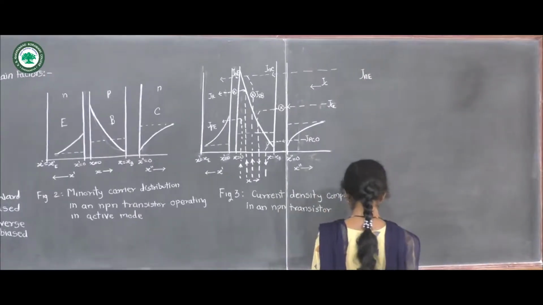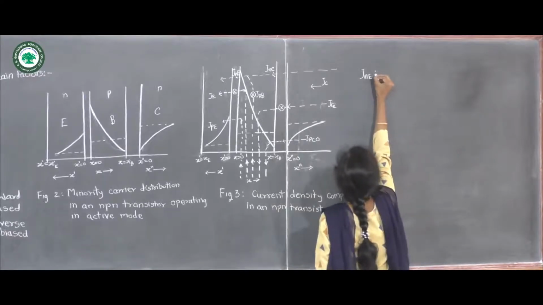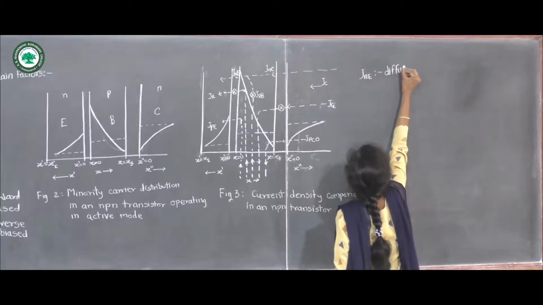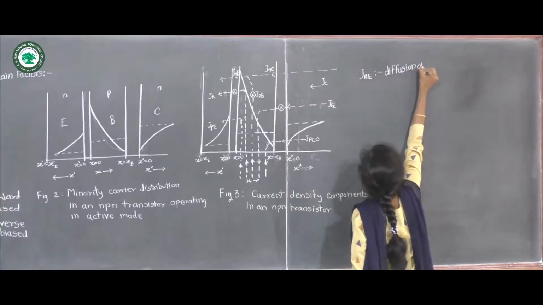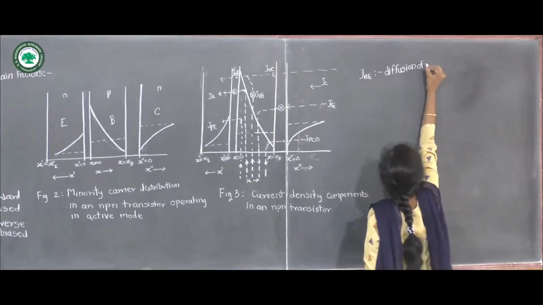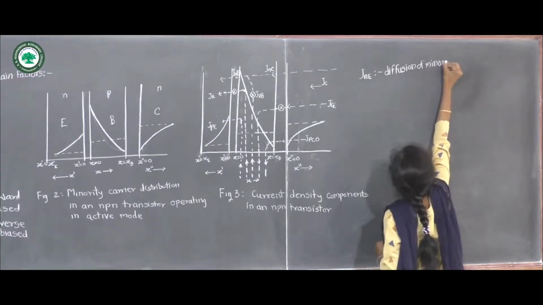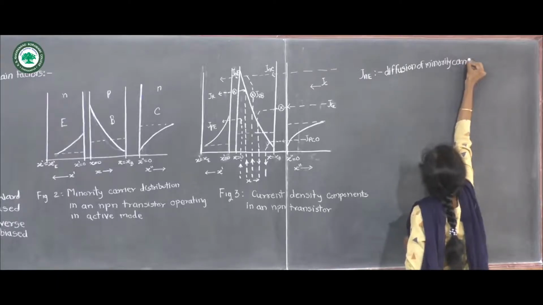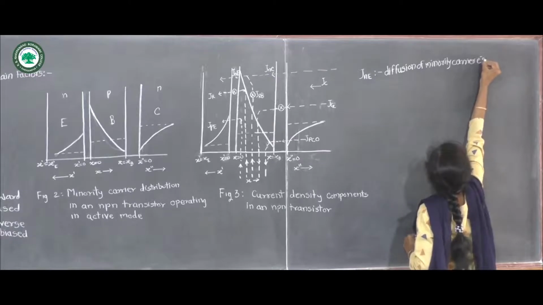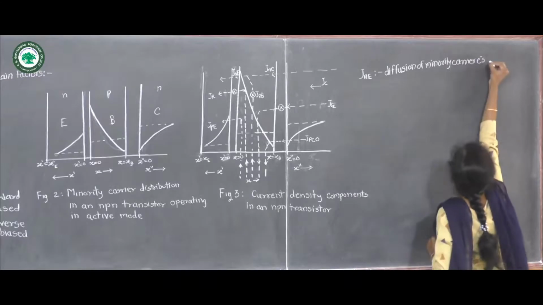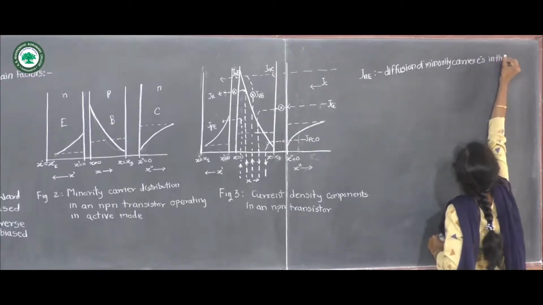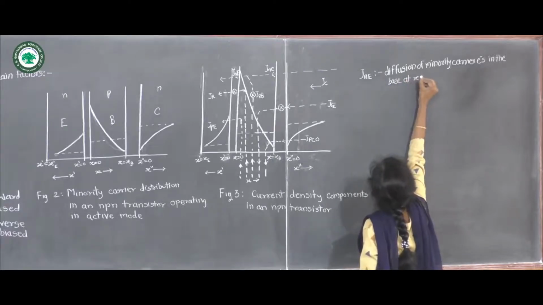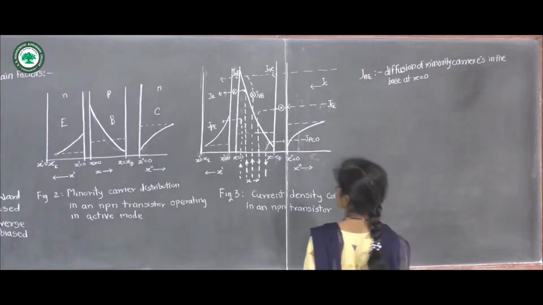So the various current densities which one can define are, first, JNE, which is due to the diffusion of minority carrier electrons in the base at x equal to 0.